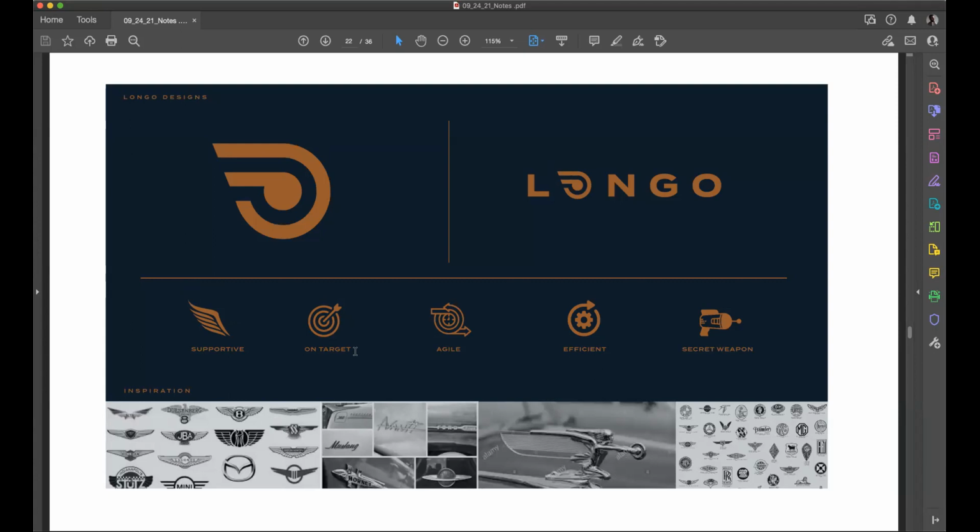Agile was this idea of direction, and one goes one way, one goes the other way. Efficiency, there's this around the clock kind of vibe. And the secret weapon was just this italic thrust. I thought it felt like something about energy. It felt really cool. I didn't think this was really going to come through on the logo, but it was worth showing you where this idea came from.